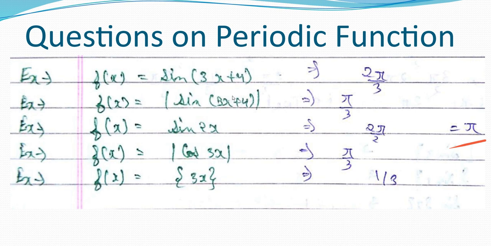Now mod of cos 3x: as mod cos x has a period of π, so mod of cos 3x will be periodic with period π by 3. Now it is the fractional part of 3x: as the fractional part of x has a period of 1, so the fractional part of 3x will be periodic with period 1 by 3.